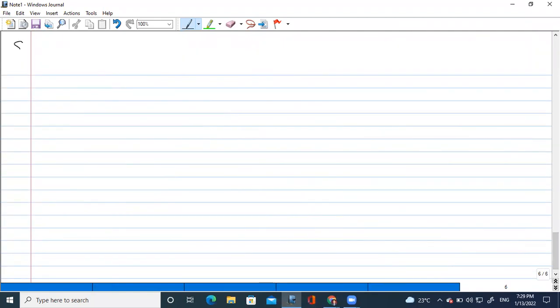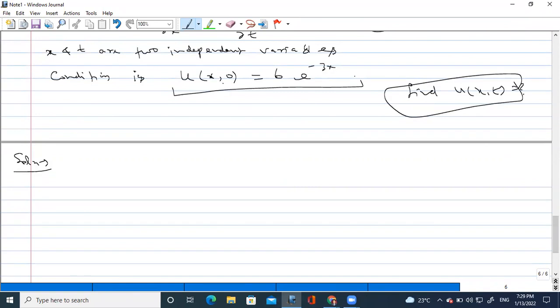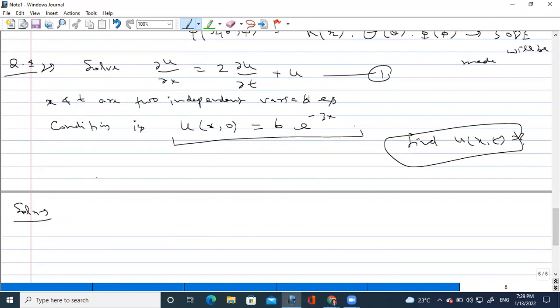Okay, so what I told, just we have to do variable separable, but first we have to write u. So we can write u(x,t). u(x,t) is our function. It can be written in product form. So what can be the product? X(x). X(x) is a pure function of x.